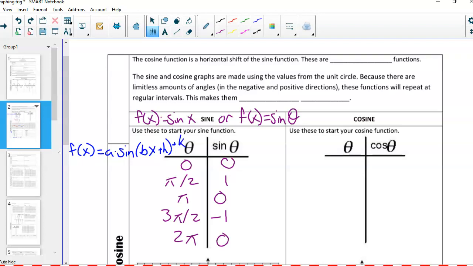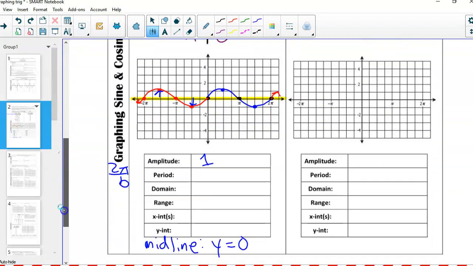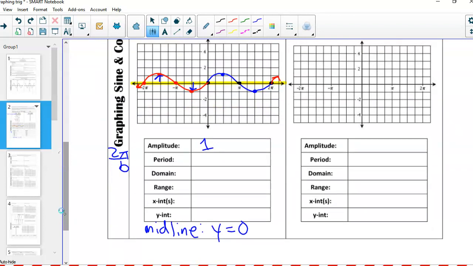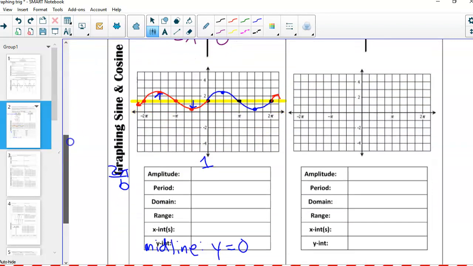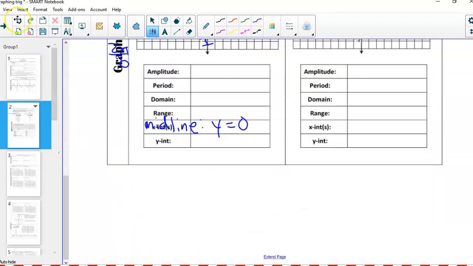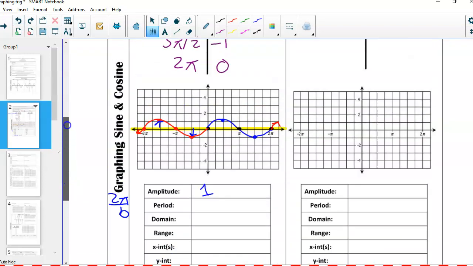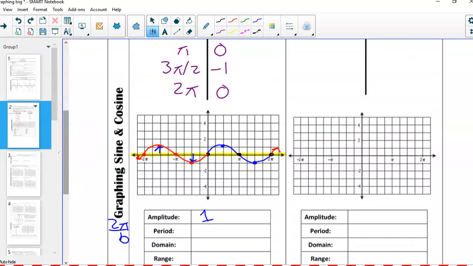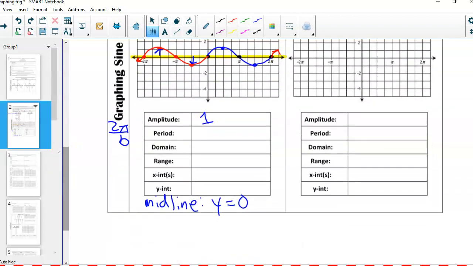If you have some number b, that's going to change your period, whether it's being stretched or compressed. In this case, we didn't have any b. We can see that it repeats itself every 2 pi. So you can either look at your graph and see how long it took to repeat itself, or you can use this. Well, our b is 1, so our period for this is 2 pi.